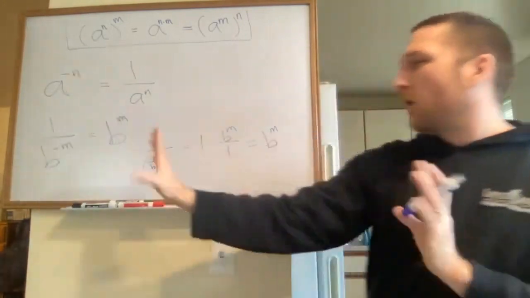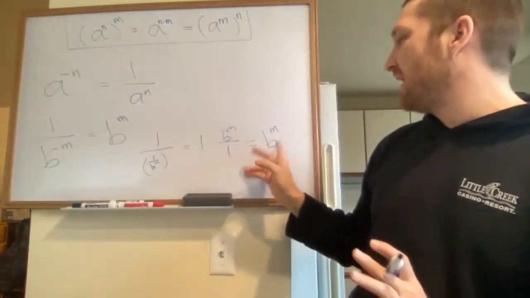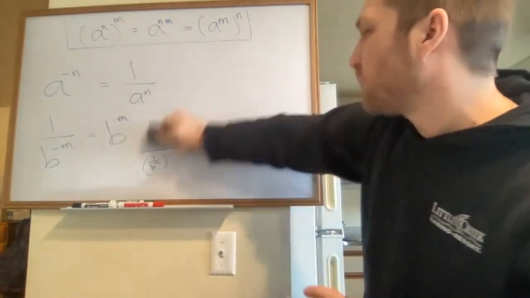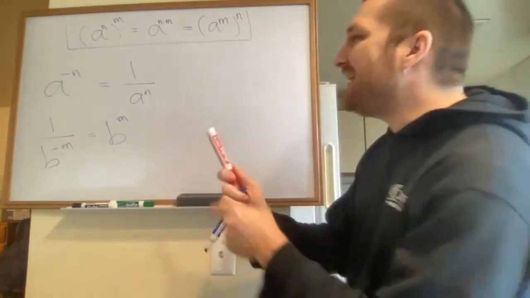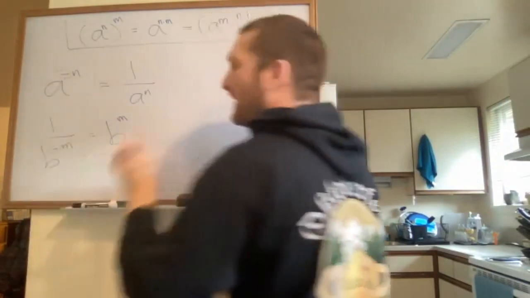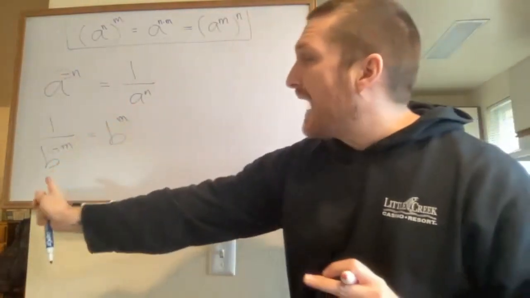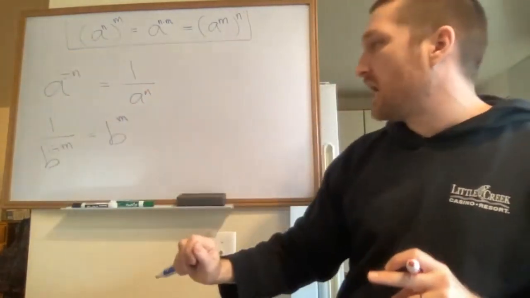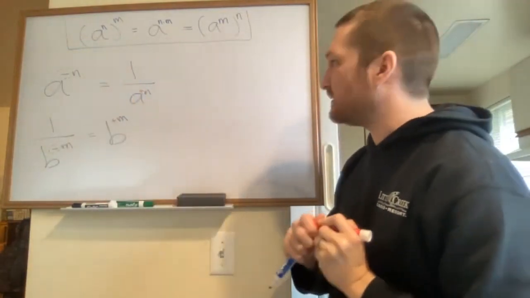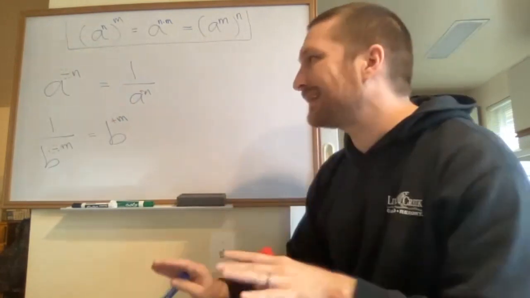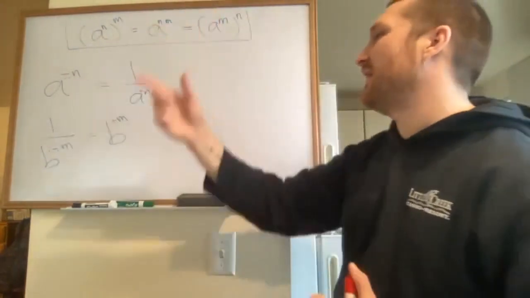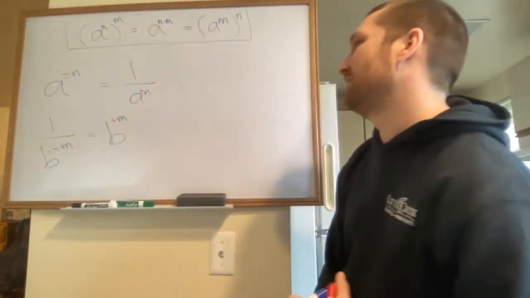But what we're getting out of rewriting it by taking that step and then finalizing it this way, I think about this kind of as a rule, which is that a negative exponent simply means, take me to the opposite side of a divide sign and then make me positive. That's all it means. Negative exponent means take me to the opposite side of a divide sign and then make me positive. That's how I think about it.